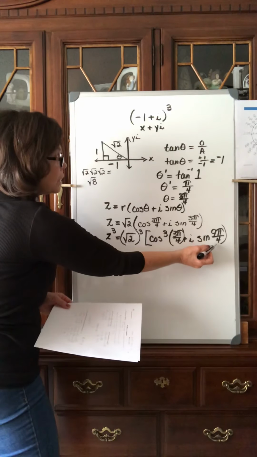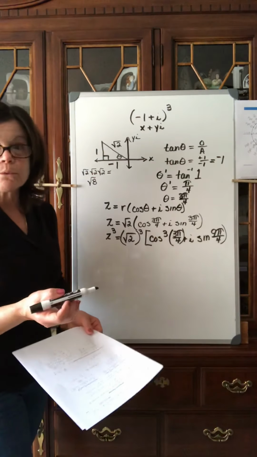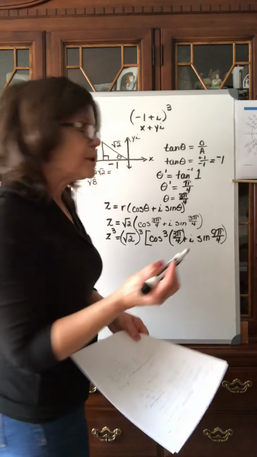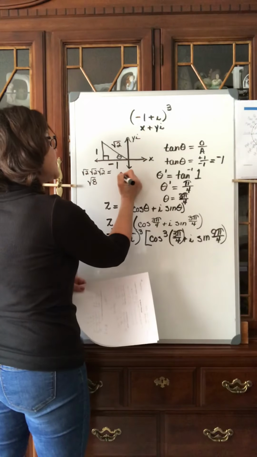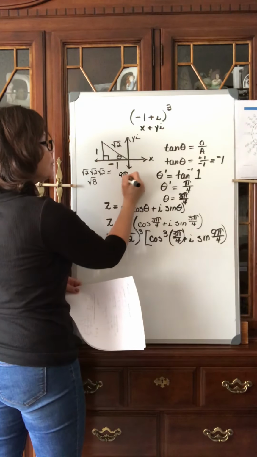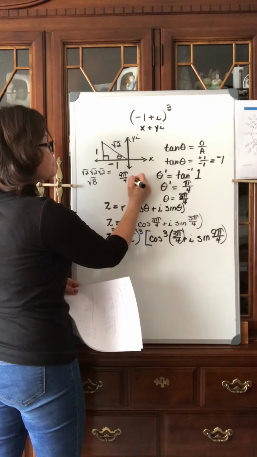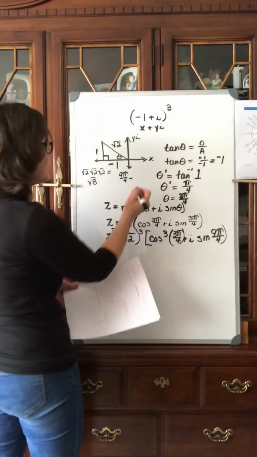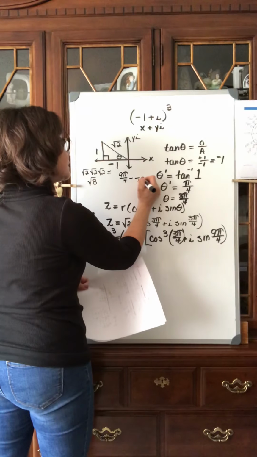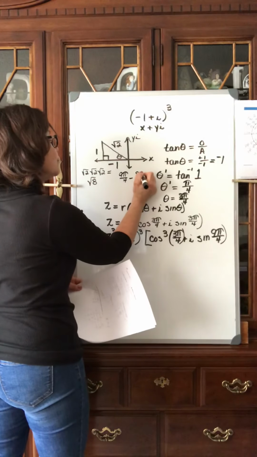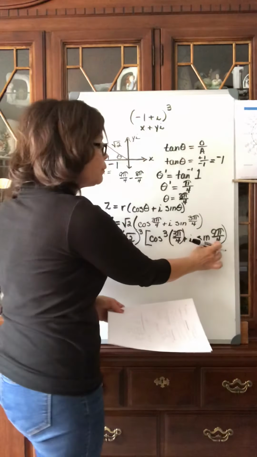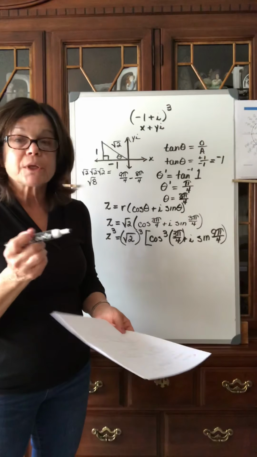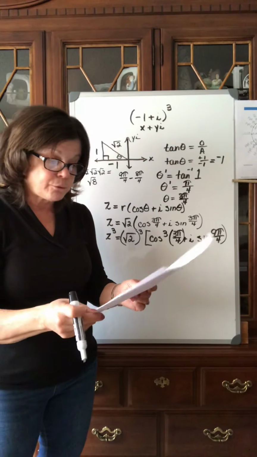9 pi over 4 is more than a full rotation on a unit circle. It's more than 2 pi. So if I take my 9 pi over 4 and subtract off 2 pi, a full rotation, 2 pi would be 8 pi over 4. 9 pi over 4, the coterminal angle to that would be pi over 4.